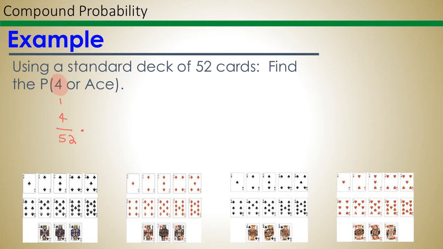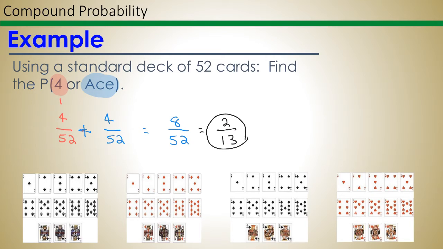The probability of getting an ace: there are also 4 aces, so 4 over 52 as well. Or always means add, so we're adding these together. There are 8 cards that are either a 4 or an ace. Simplifying, I can divide both numbers by 4, so that's 2 over 13. If I reach into a deck of cards, I have a 2 in 13 chance of getting either a 4 or an ace.